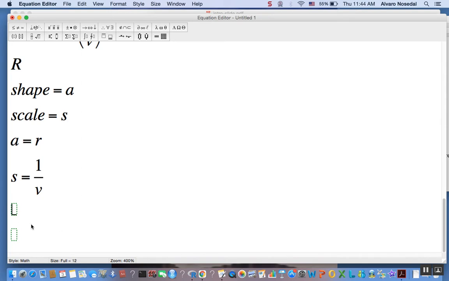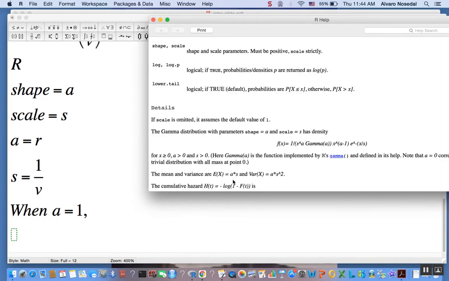So, when a equals 1, we're going to have an exponential. And using the expression that they have here, the expected value and variance are s and s squared.